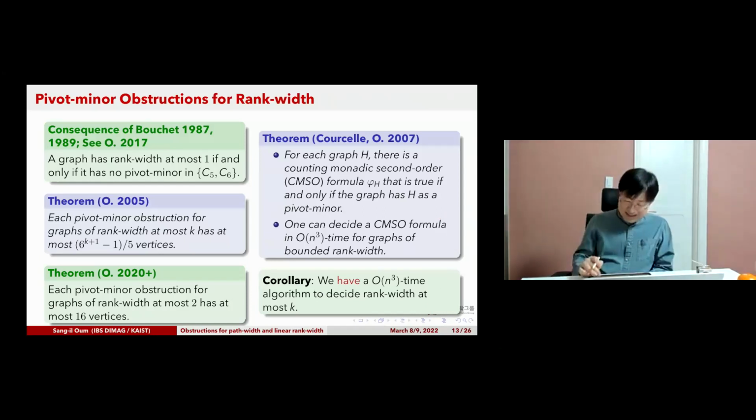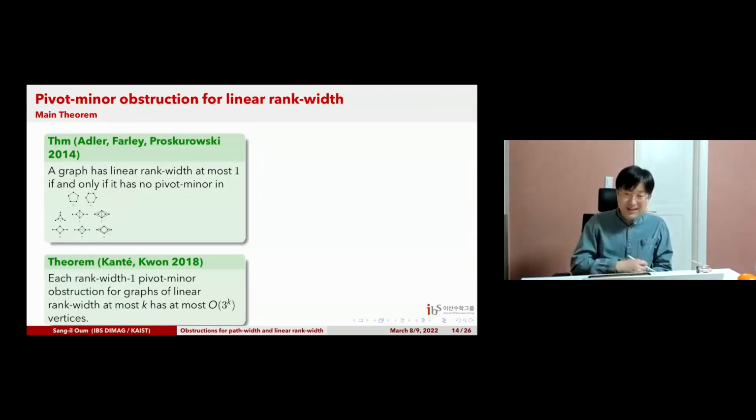All right. So that was the status for graphs. What about linear rank width? Adler and others proved that the obstructions for linear rank width 1 are exactly those 8 graphs as pivot-minors. So for linear rank width 1, we have an explicit list. And for linear rank width k, Mamadou and Oum had a paper proving that among the obstructions, the rank width 1 obstructions have at most that many vertices.